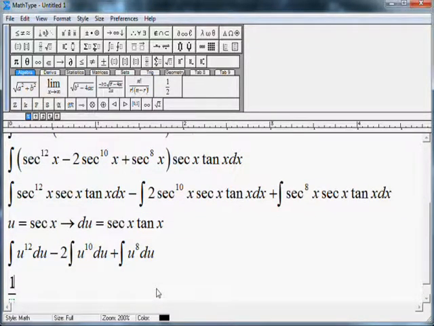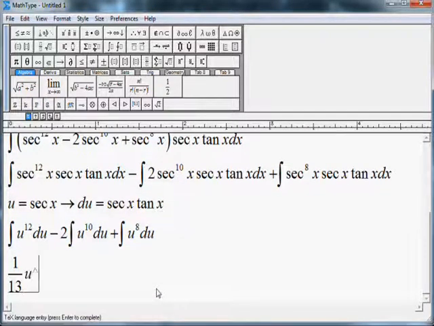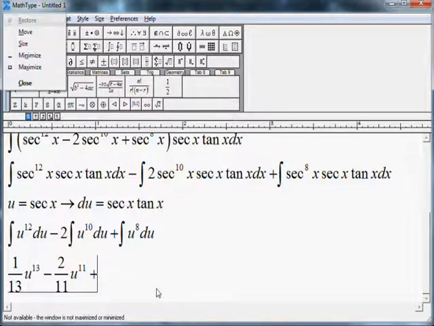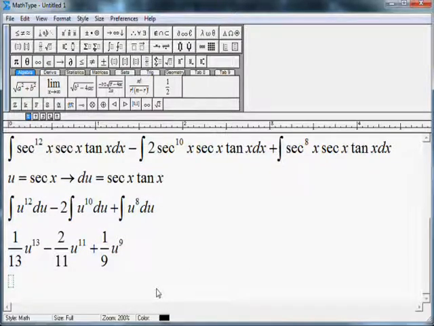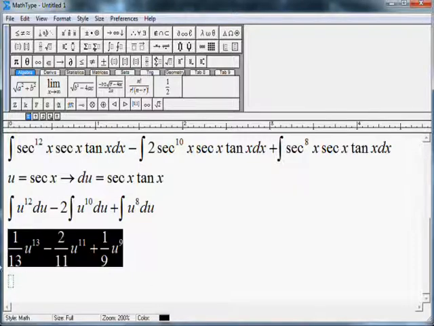Which boils down to 1 over 13 u to the 13th minus 2 over 11 u to the 11th plus 1 over 9 u to the 9th, but we don't care about u, we care about secant.